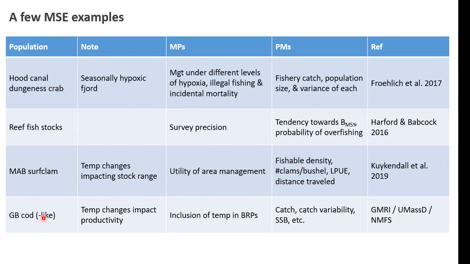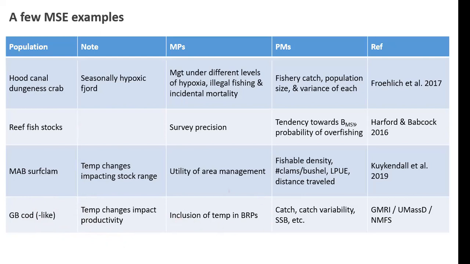And then finally, I just plugged my own work, I guess, which is not published yet, hopefully soon. When I was back at Gulf of Maine Research Institute, we were looking at a Georges Bank cod-like species where the recruitment was impacted negatively by increasing temperature.